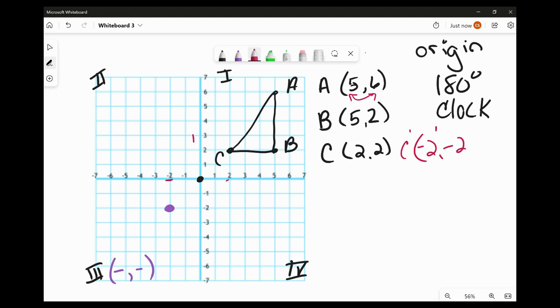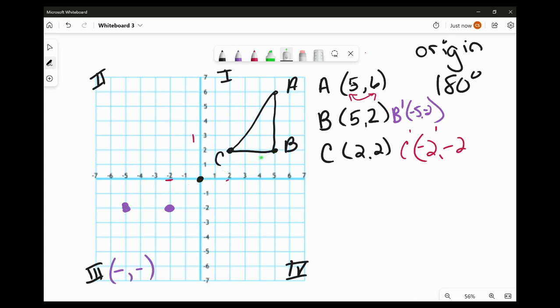Let's take a look at B. B is 5, 2. So I'm going to come into this quadrant and go to -5, -2. So B prime is -5, -2. Let me just erase this so we have a little more room. And then let's look at A. Again, if I were to draw through the origin, I would make a straight line because that's a 180-degree angle.